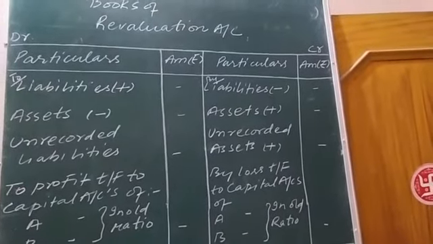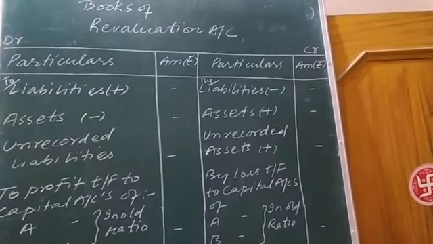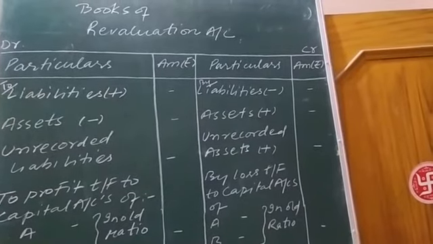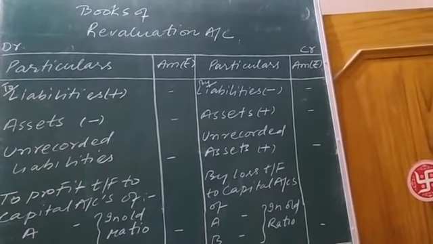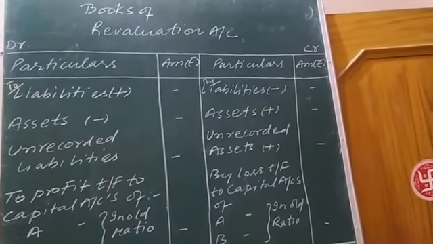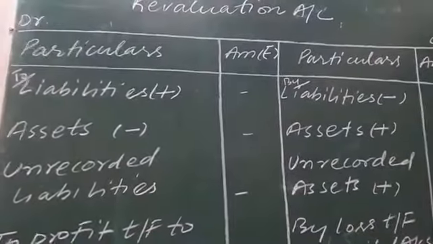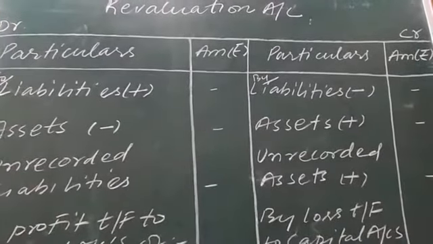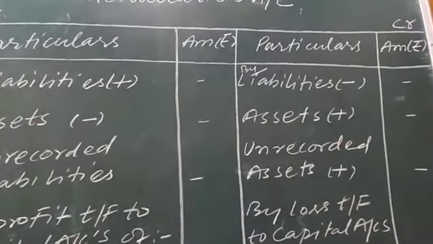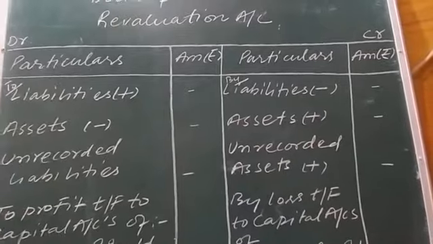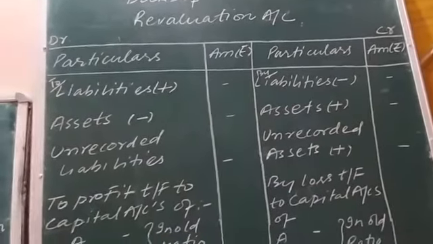If there is a decrease in the liabilities, then the decreased amount of liabilities is recorded on the credit side of the revaluation account. Plus shows the increment in liabilities and assets, and minus shows decrease in assets and liabilities.